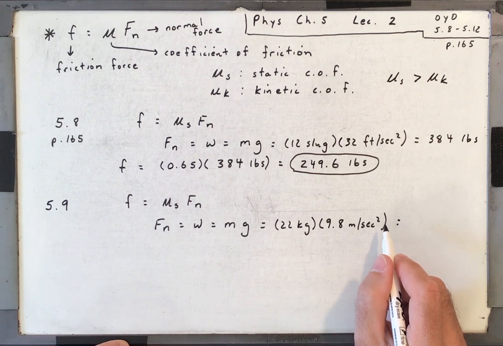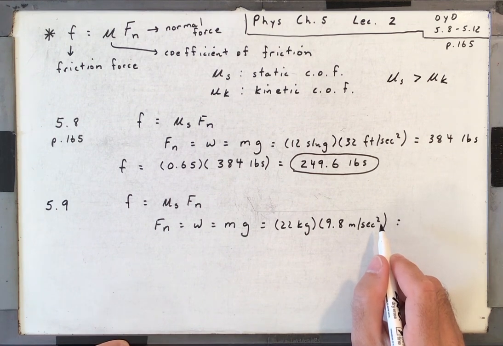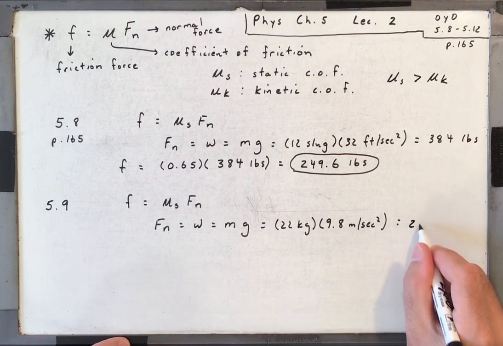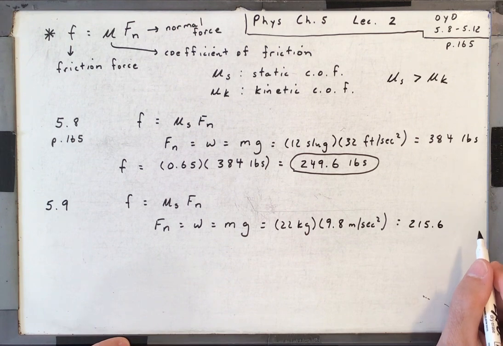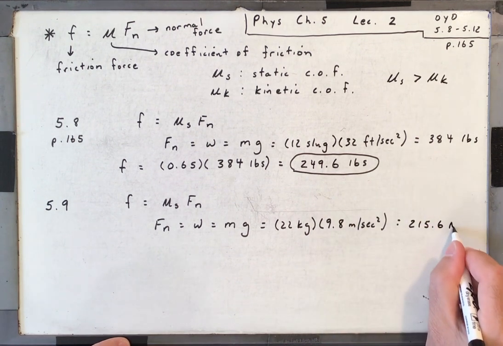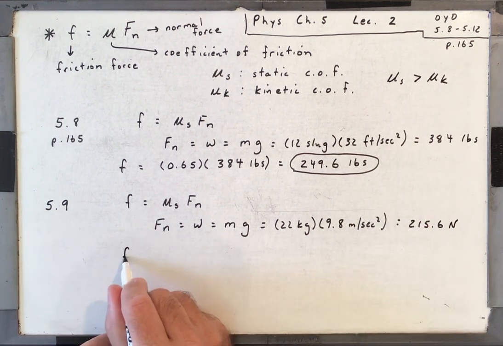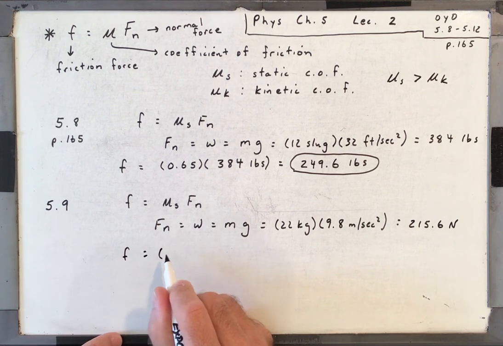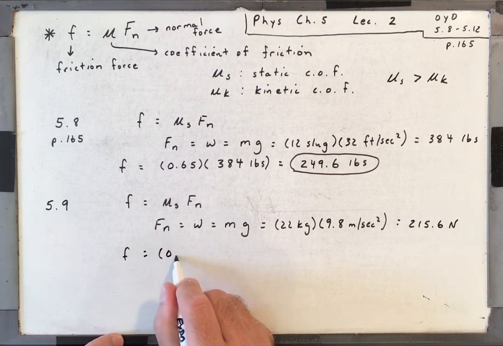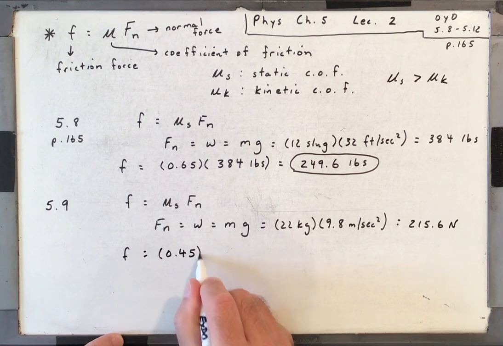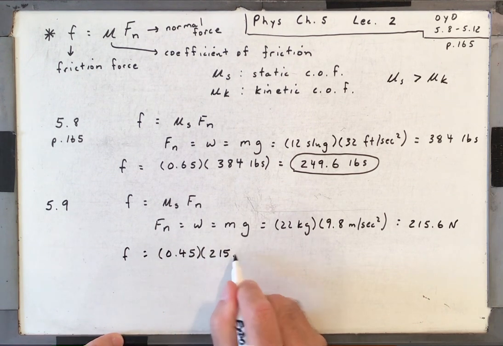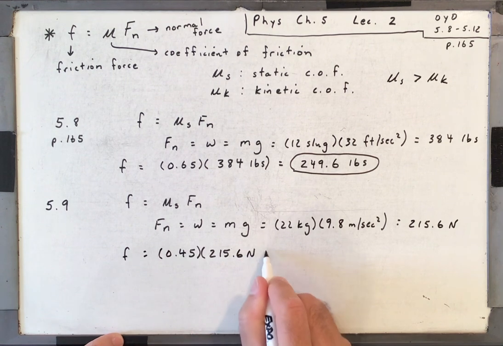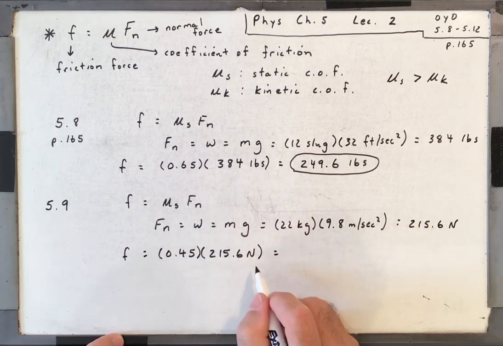We know that our frictional force is going to be mu sub s times the normal force. The normal force is equal to the weight. That's mass times gravity. Our pile of books is 22 kilograms. Gravity would be 9.8 meters per second squared. So 22 times 9.8 is 215.6. What's the unit on that? Do you remember from last lecture? Not pounds, but newtons. So now we can get the frictional force. 0.45 is our static coefficient of friction, times 215.6 newtons for the normal force.